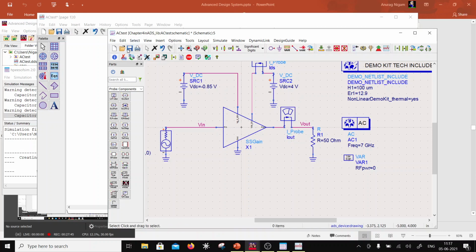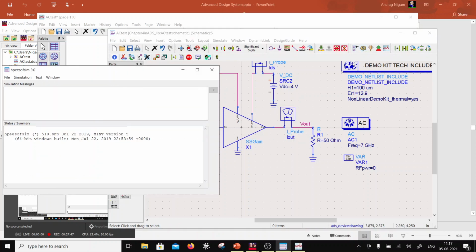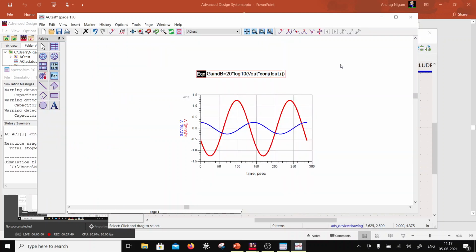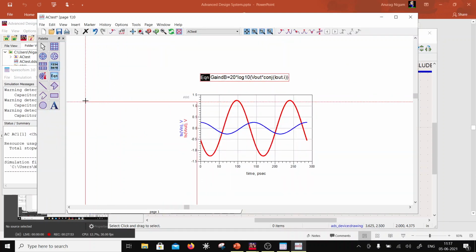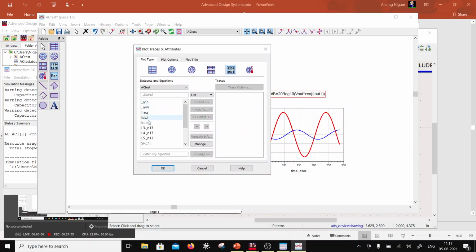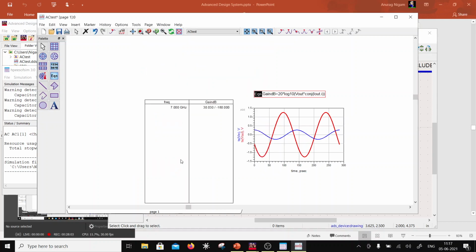Once you do that and you hit simulate, gain is now black. I can tabulate the gain value. So I can go to equations, gain in dB. So it says 30 dB.